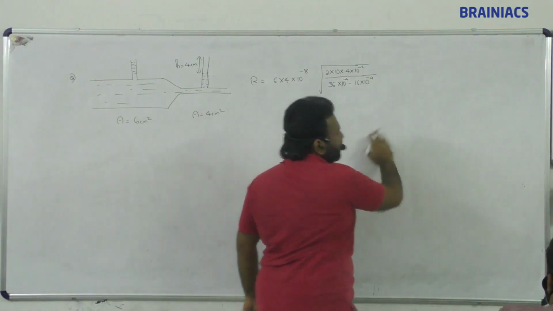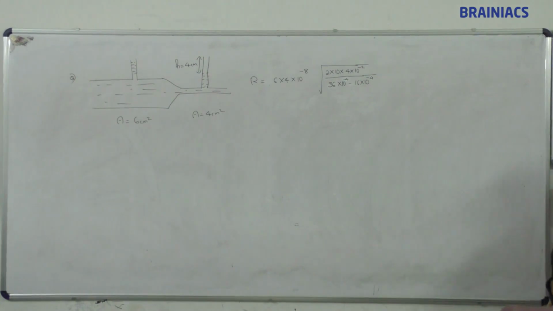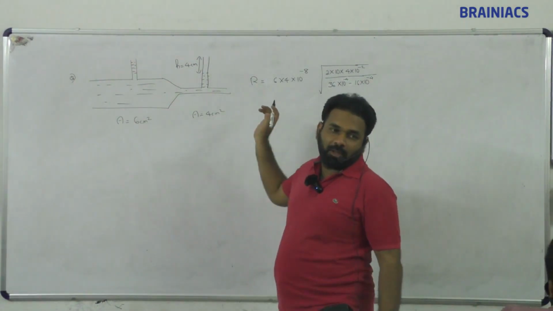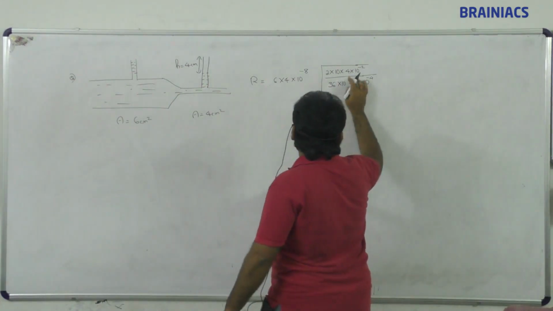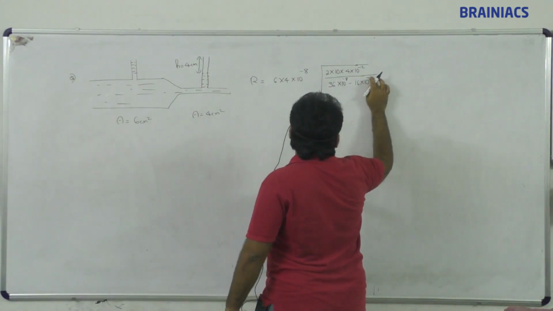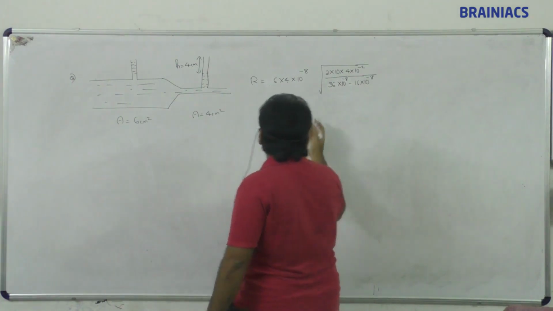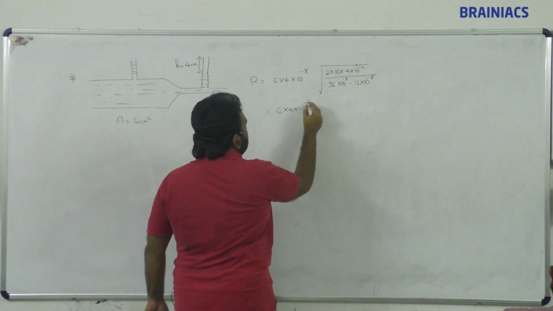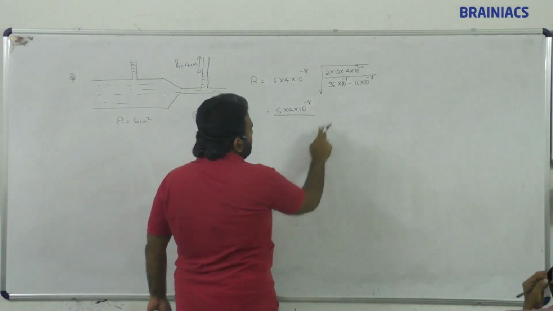Okay, is it correct? Then 6 into 4 into 10 raised to minus 8 divided by, so what is this?